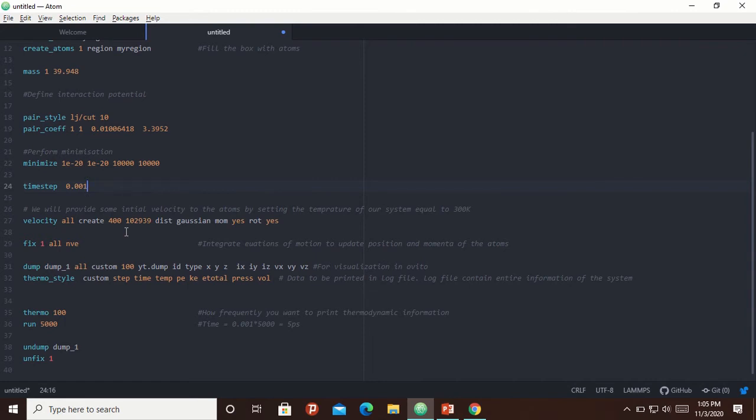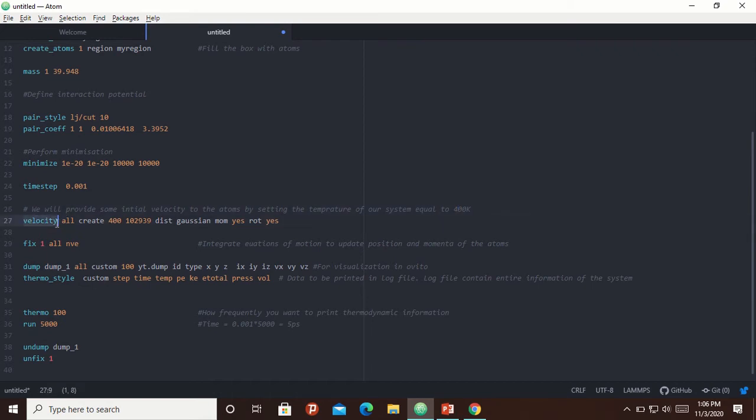I already told you that the basic of molecular dynamics simulation is, we want to find the position and movement of the particle with the time evolution. So we will provide some initial velocity to the atoms by setting the temperature of our system equal to 400 Kelvin.